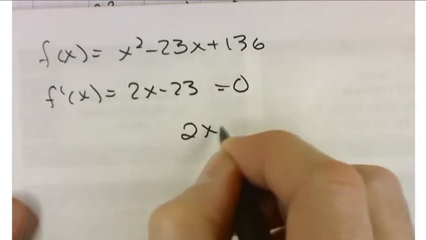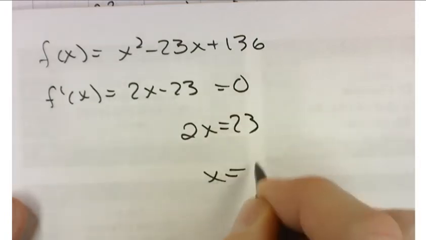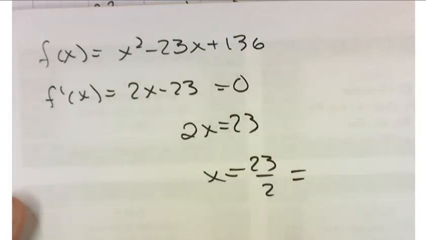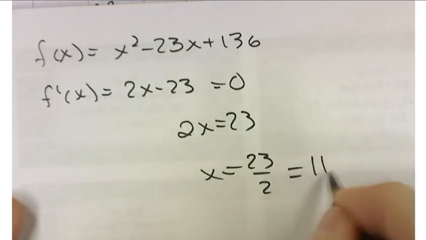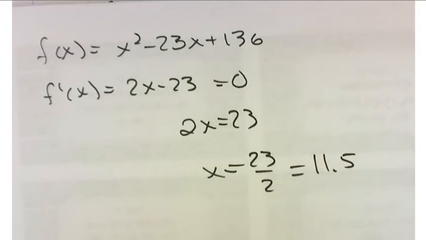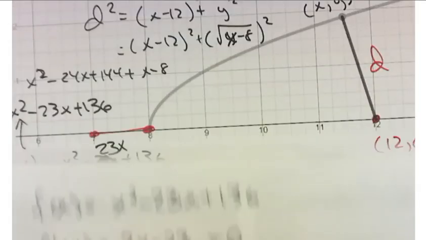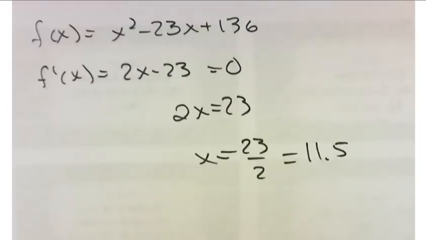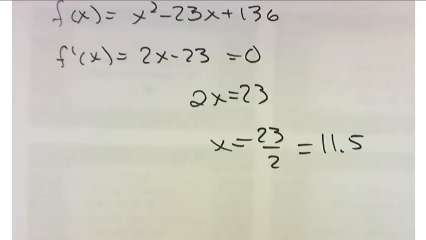I get 2x equals 23, or x equals 11.5. Okay. Does that look reasonable? Does that sound reasonable? Yeah, that looks pretty good. Okay. So at least it passes kind of a cursory glance.